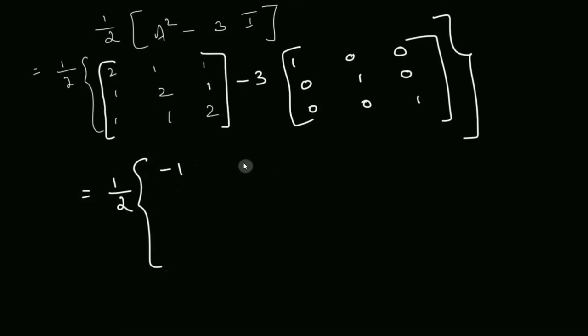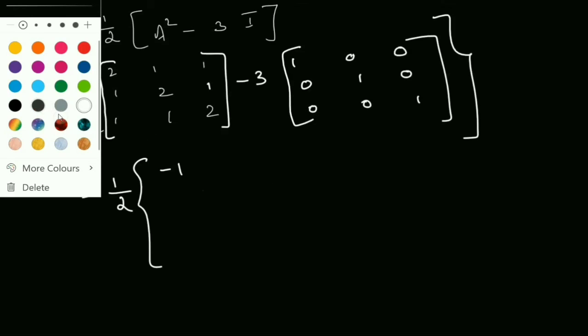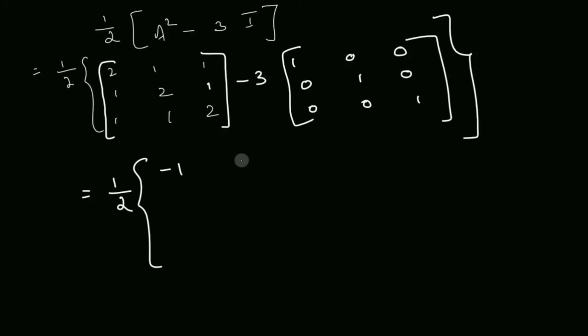1 minus 0 is 1. So we get minus 1, 1, 1, 1, minus 1, 1, 1, 1, minus 1.